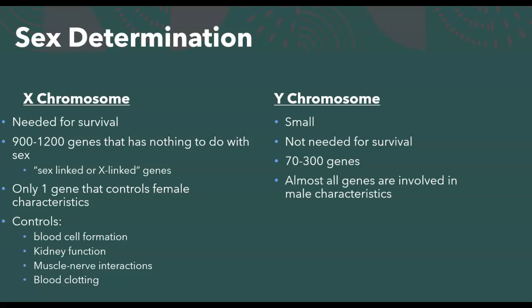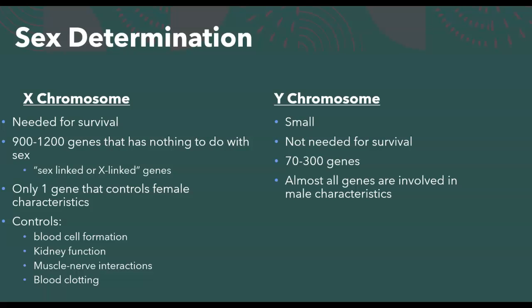So if you are a female, you are an XX. You have at least one X chromosome. If you are a male, you are an XY. You still have at least one X chromosome because it is needed for survival. The Y chromosomes are significantly smaller than the X chromosomes. They hold less genes. There's only about 70 to 300 genes on there, and almost all of them are genes that give males their more masculine characteristics.